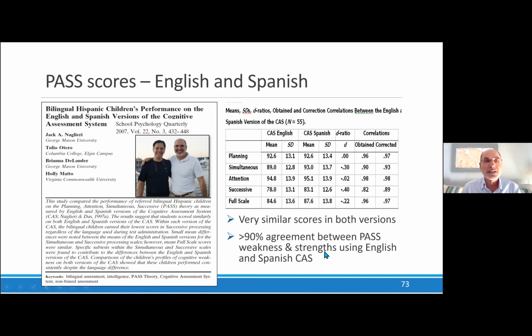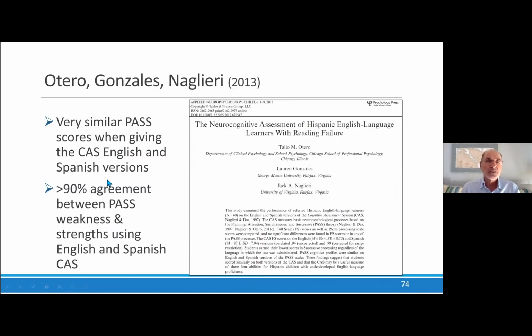Over 90% of the time, your decision about whether the student had a strength or a weakness in PASS is the same. That's because we're measuring thinking, not knowing. And we replicated that study and got the same results. All these studies are on my website. You can go and read them.